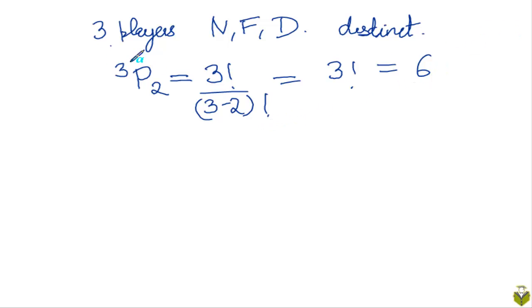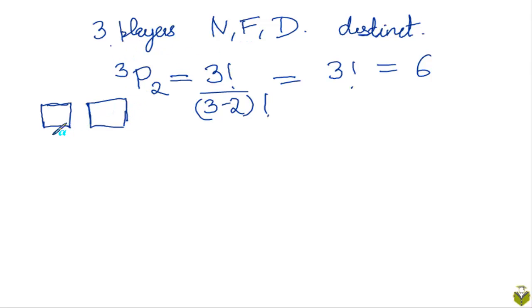We also know that if we had used the fundamental principle of counting, you have to fill 2 boxes, because you have to take 2 objects from these 3 distinct objects at a time.